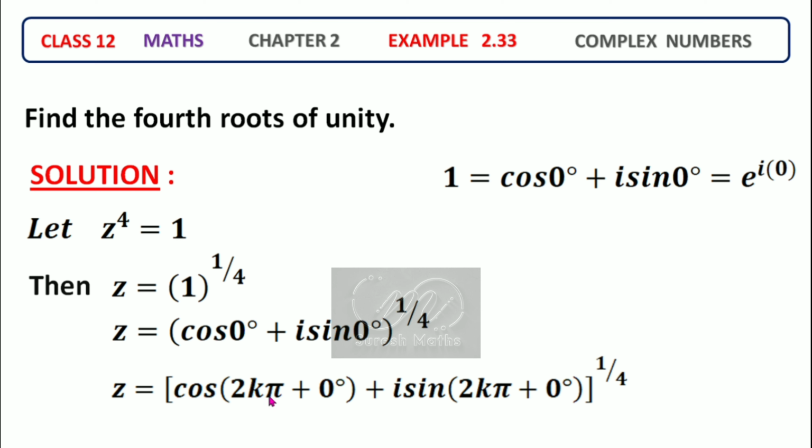If we make 2 rotations, it is also the same place. So adding 2k pi to the argument makes no change at all. So 2k pi plus theta is the working rule. With the argument we can add 2k pi.